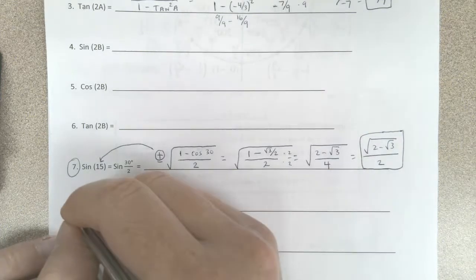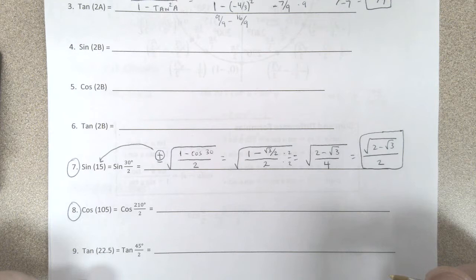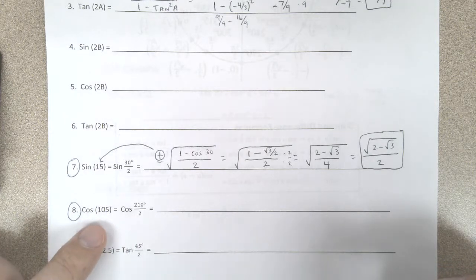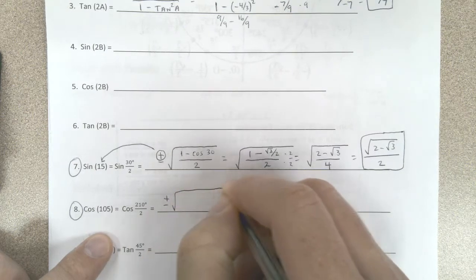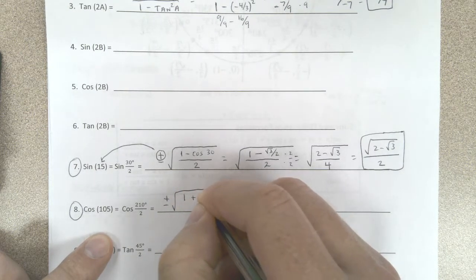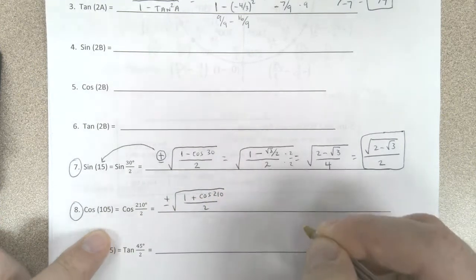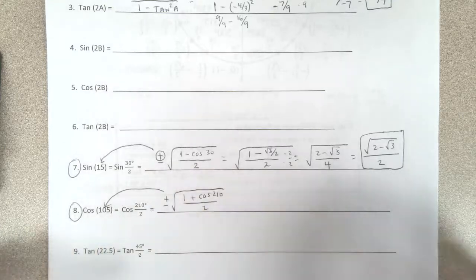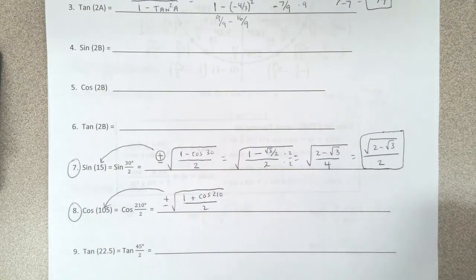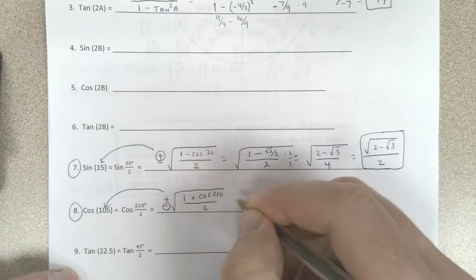Okay, I'm also going to do number 8 just as another example for you. So we know that this is another half angle for cosine. So again, plus or minus square root 1 plus cosine of 210 all over 2. Now this one, again, as we look at the angle 105 is in the second quadrant, and we know that cosine in the second quadrant is negative.